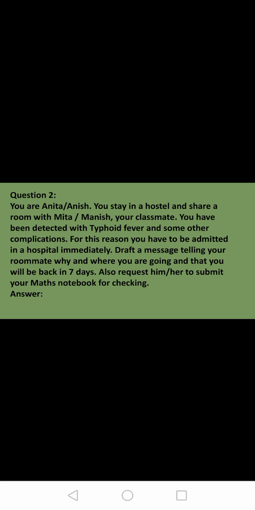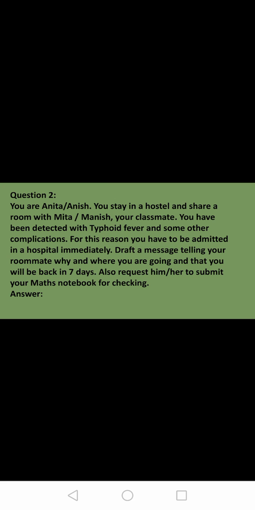Let's write down the message. It was given, you are Anita or Anish, and you have to give this message to Meeta or Manish. So first what you are going to do? First you are going to make a box. In the center you are going to write message in capital letters.